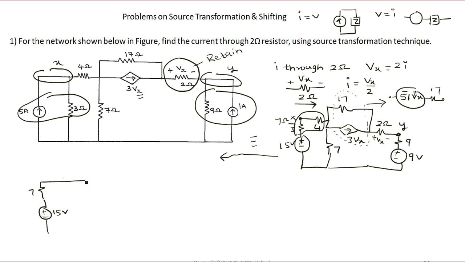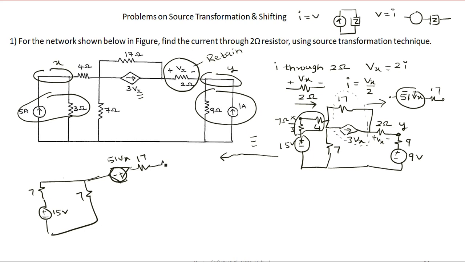So after this 7 ohms, this can be replaced by a voltage source of the value 51 Vx. It is a dependent voltage source, sorry. Then followed by 17 ohms.